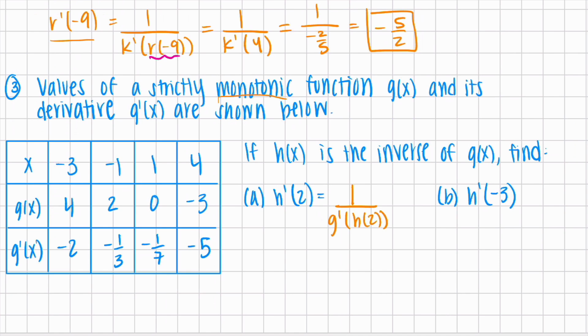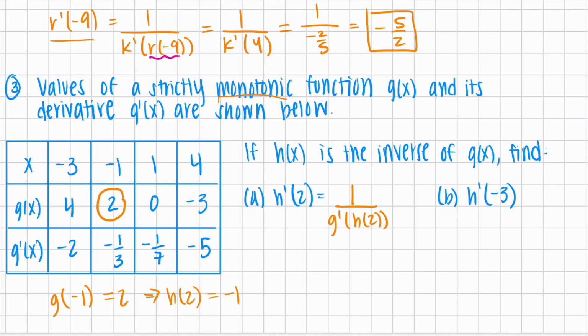Now your chart only has values of g, but we're going to do the same thing we did above. If I have an ordered pair for g, I can flip those, and that's an ordered pair for h. So I want h of 2. I want you to notice, here's a 2 right here. G of -1 equals 2. That means that h of 2 equals -1.